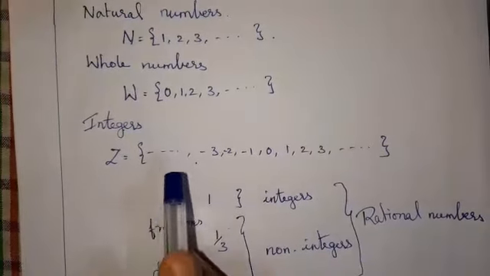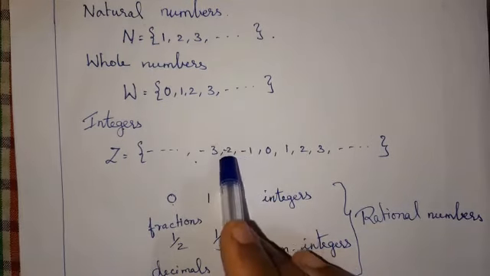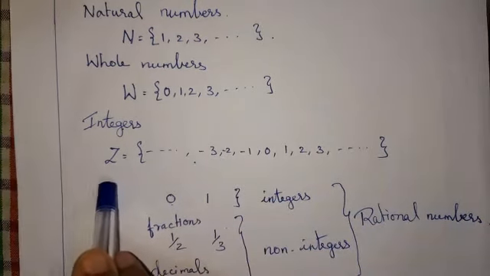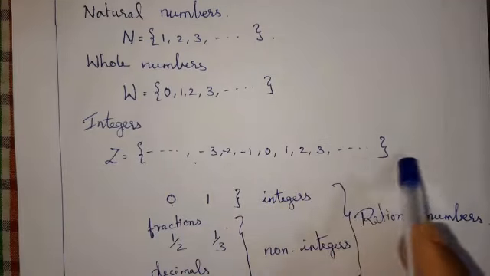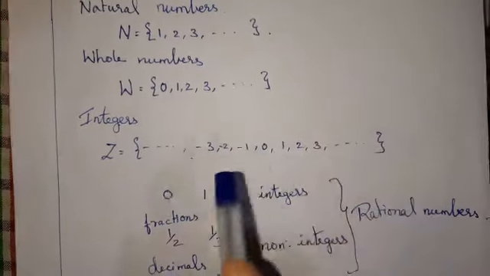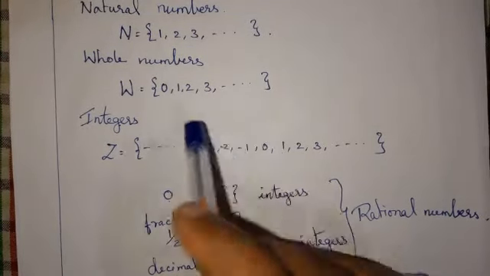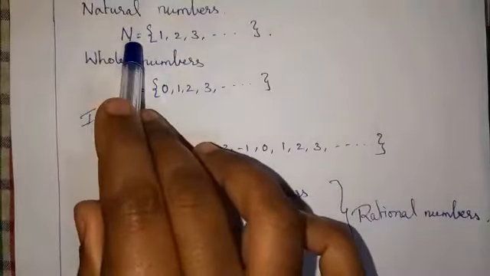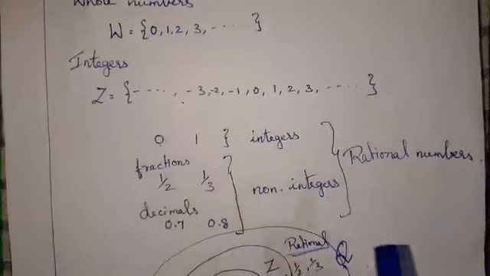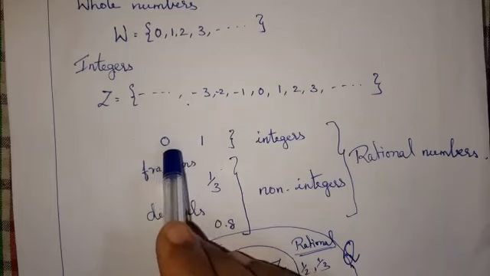Now, we are including the negative numbers, that is minus 1, minus 2, minus 3, etc. Therefore, this is called integers. You can say integers are natural numbers with 0 and negative natural numbers. Take two integers, that is 0 and 1.